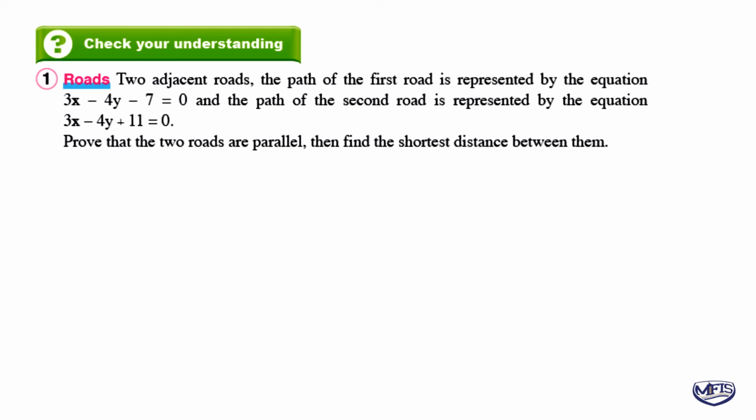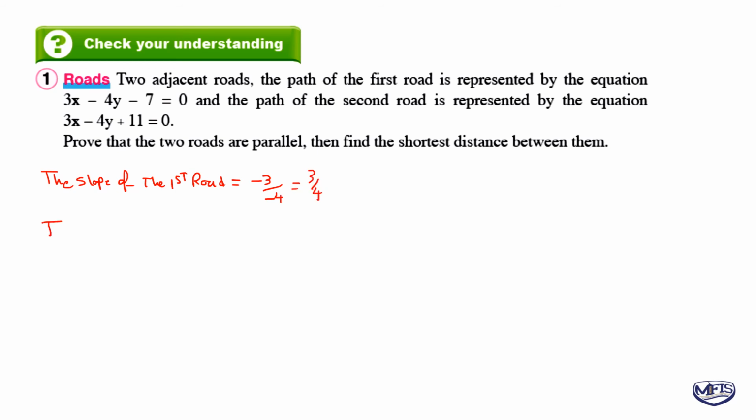Okay, first we want to prove that the two straight lines, or the two roads, are parallel. So we'll find the slope of the first road, which is the negative coefficient of x over the coefficient of y, which will be -3 over -4, so it will be 3 over 4.